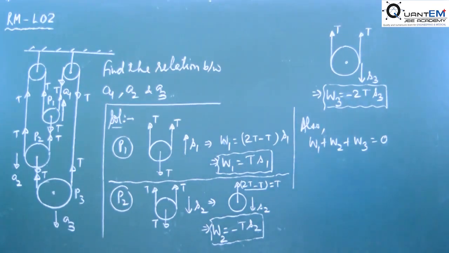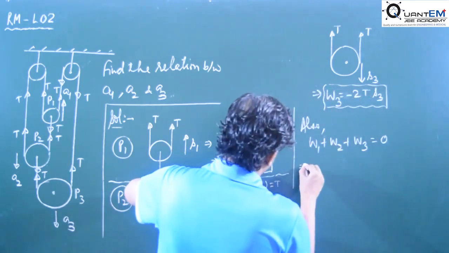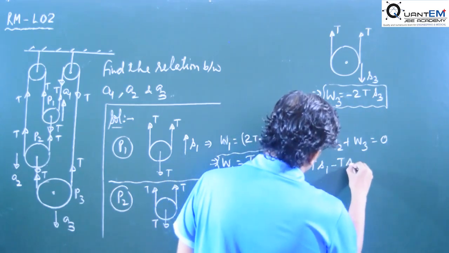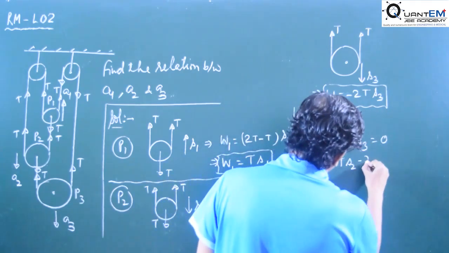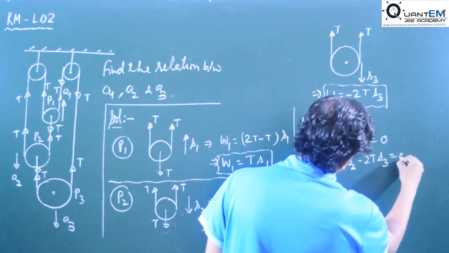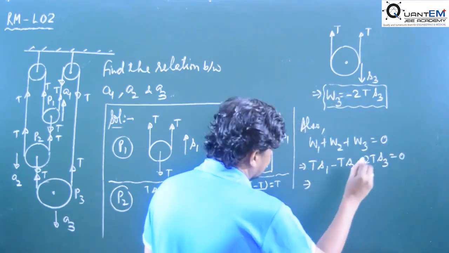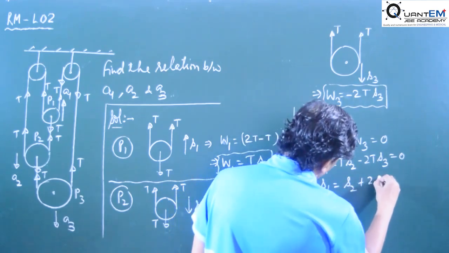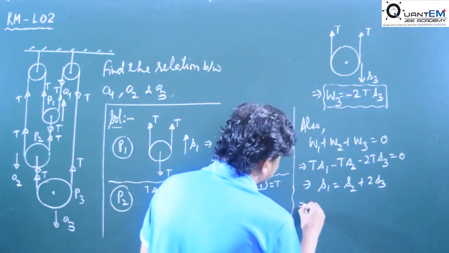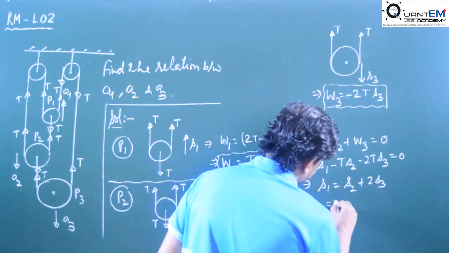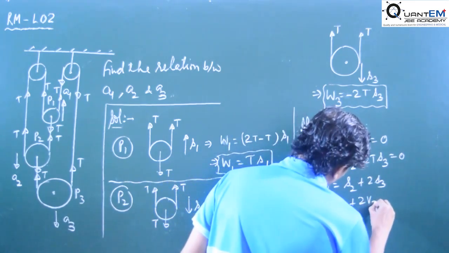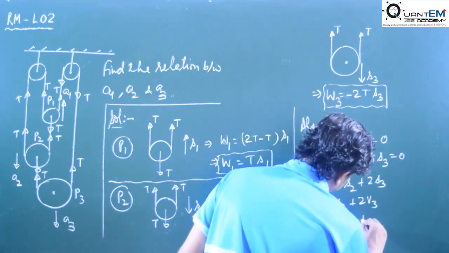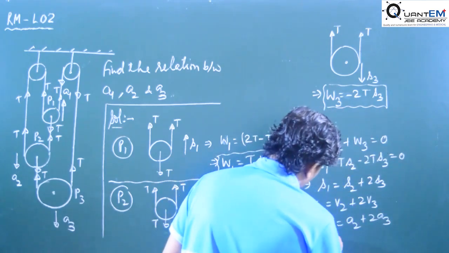Now we put the values. Putting the values here, what we get? TS1 minus TS2 minus 2TS3 is equal to 0. We have removed the tension. So S1 is equal to S2 plus 2S3. The similar relation will be for velocity, V1 equals V2 plus 2V3, and the similar relation will be for acceleration, A1 is equal to A2 plus 2A3.